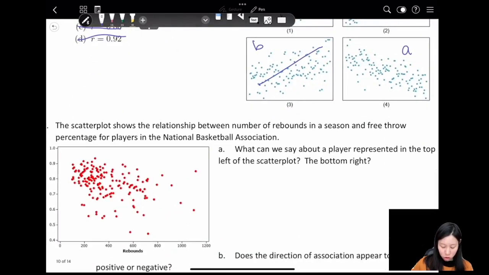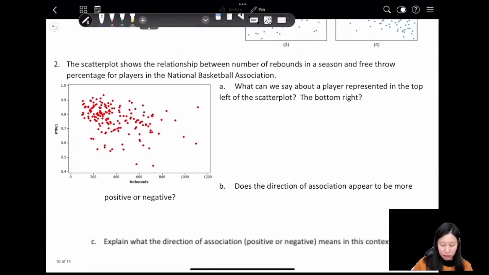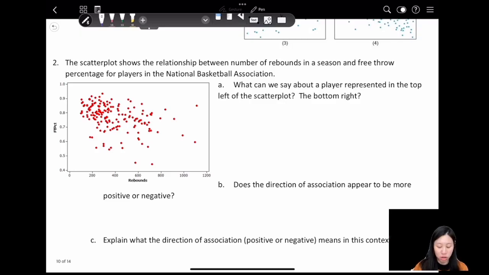Okay, so the next one is number 2. The scatter plot shows the relationship between the number of rebounds in a season and free throw percentage for players in the National Basketball Association. What can we say about the player represented in the top left of the scatter plot? So top left is this part, and bottom right is this part.